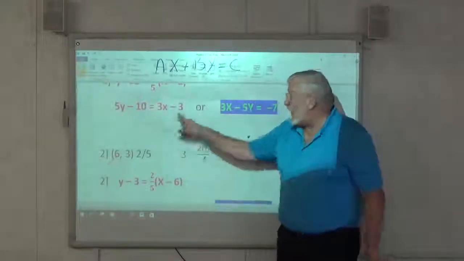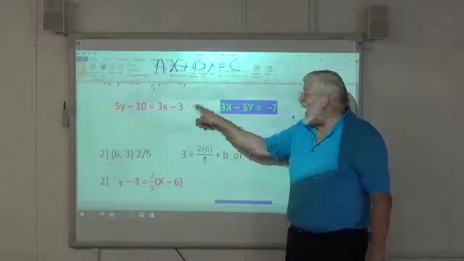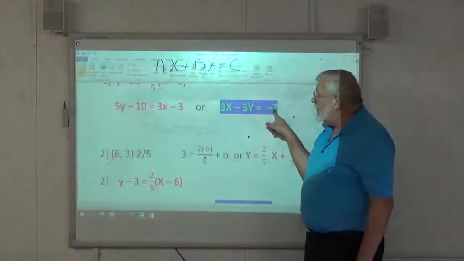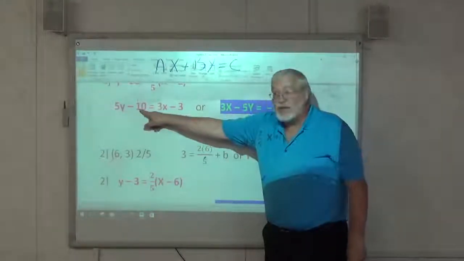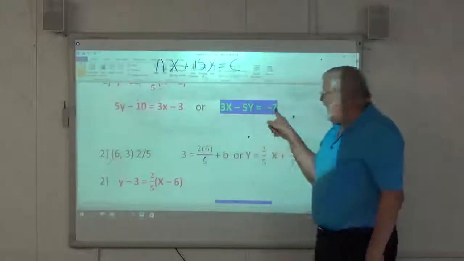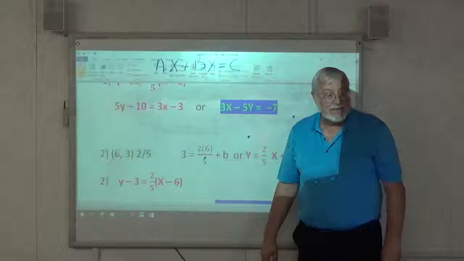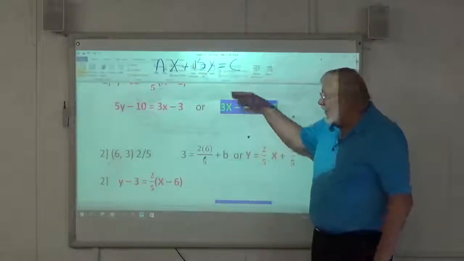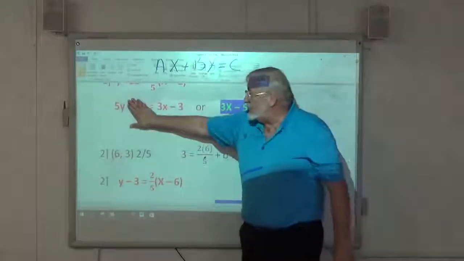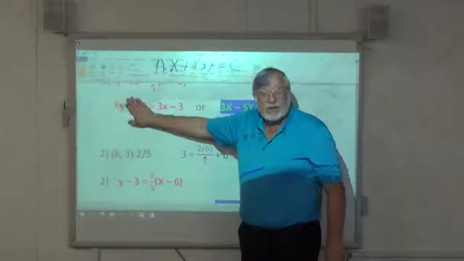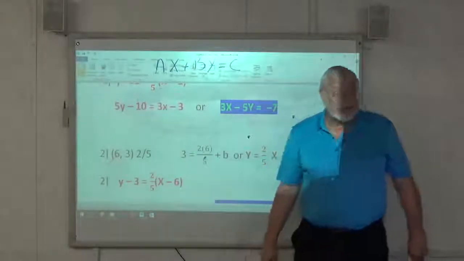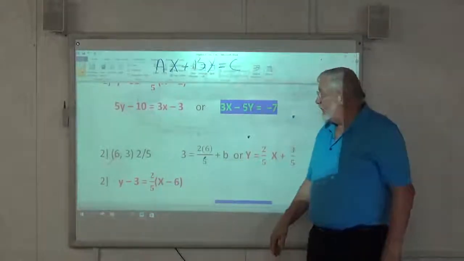It has to go the other side. How do I move it? Add. All right. I add the 3 to the negative 10 and end up with negative 7. Now, if I had slope intercept, this number would not be here, but the other skills would be exactly the same. Okay?